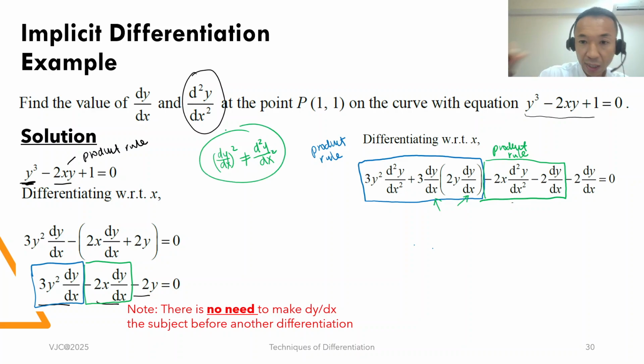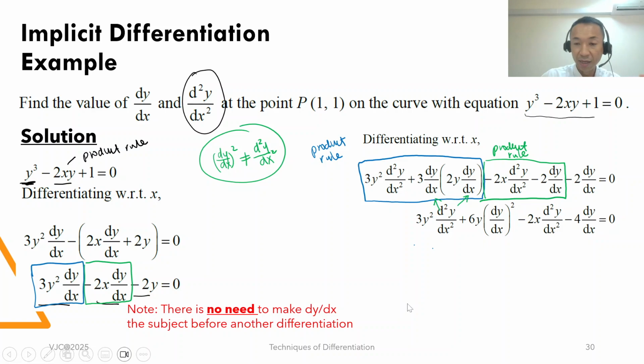I want to emphasize this. That is why in the next line, you get this (dy/dx) squared here. Then this one you simplify, and we are done.